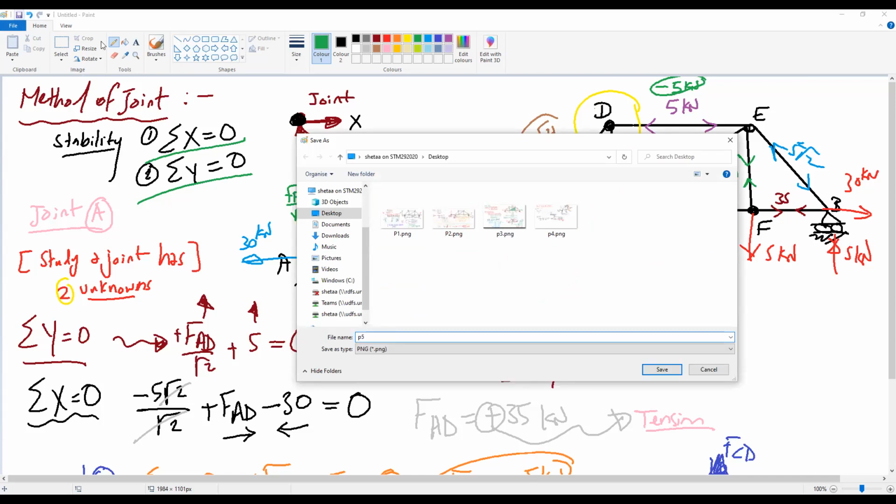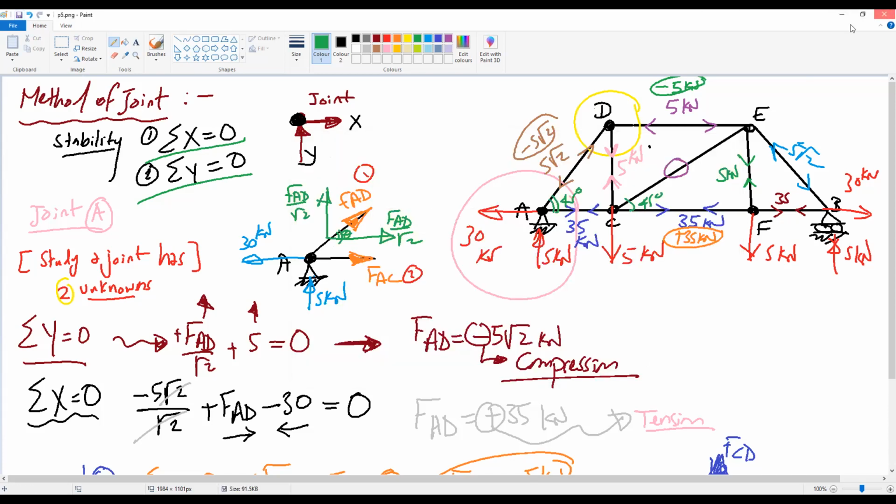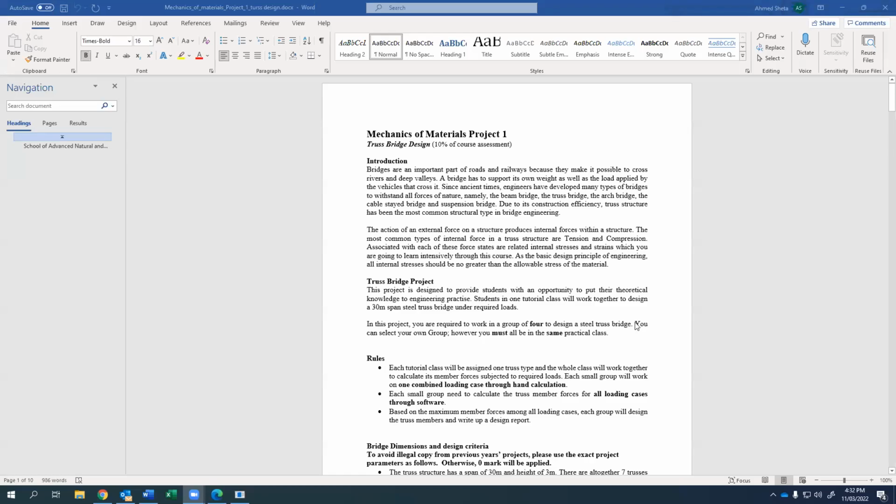and then we go to the second part of our tutorial today. I will close this one. As we mentioned last week, we need to do some projects in groups. So today will be one of them, and we will have the truss project. I will share with you. Can you see my screen now? Okay.